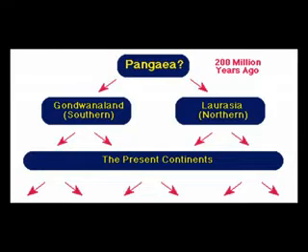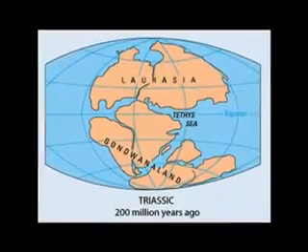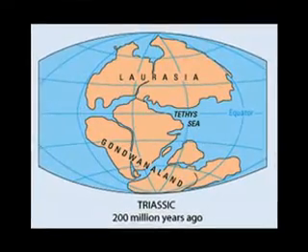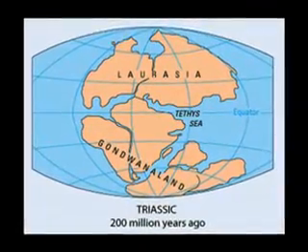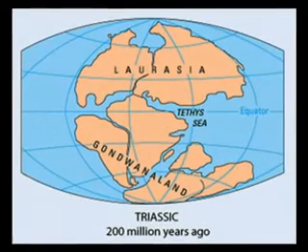This diagram illustrates the breakup of Pangaea into Gondwanaland and Laurasia roughly 200 million years ago. During the Triassic period, roughly 200 million years ago, you can see the presence of the Tethys Sea, and the Tethys Sea started to shrink during this period.